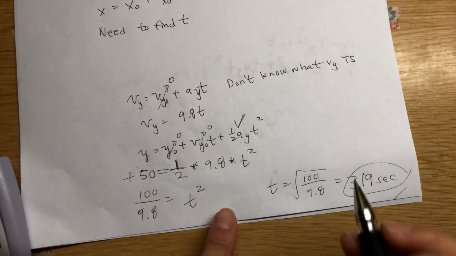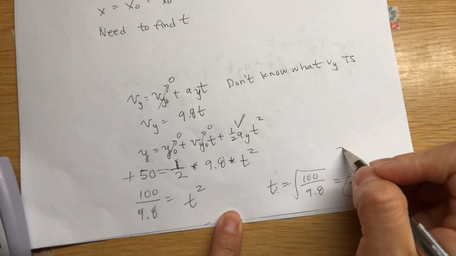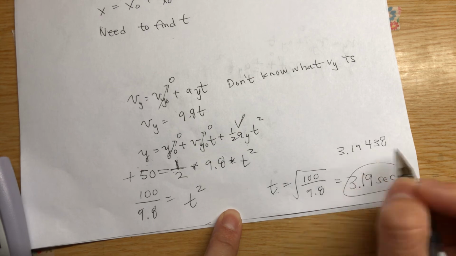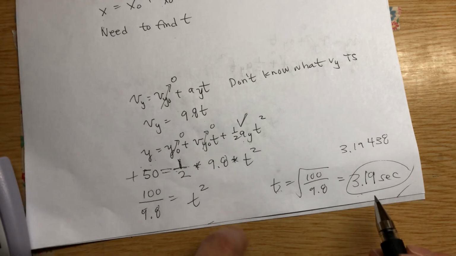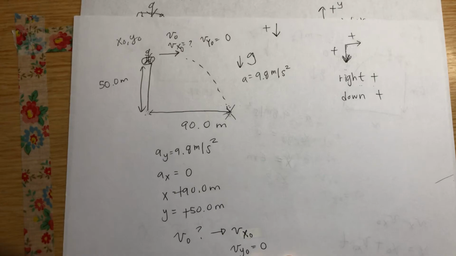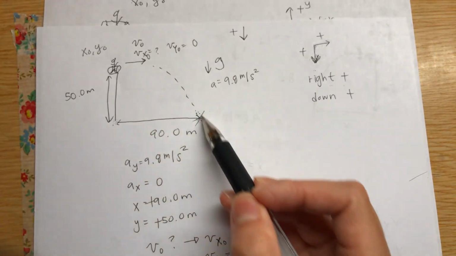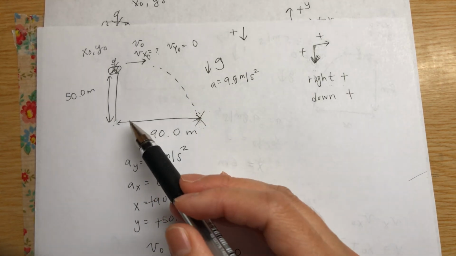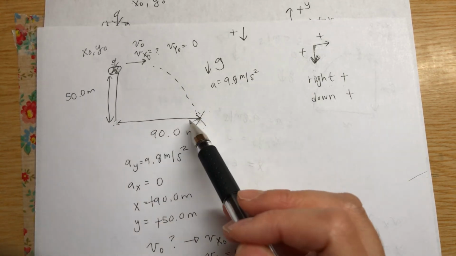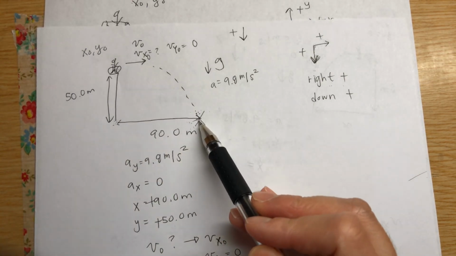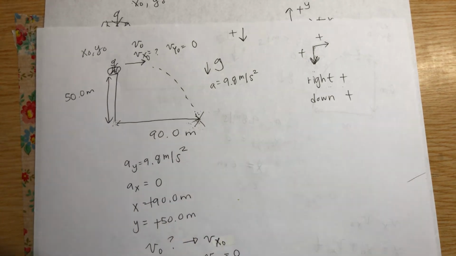Note that when you're calculating, try to use as many decimal places as you can to be accurate, but for your final answer, change it to sig figs. So at 3.19 seconds, it's going to move down 50, and that's the time that the motorcycle is also going to be moving horizontally 90. So we found the time. Now we're going to use that time to find the x component.